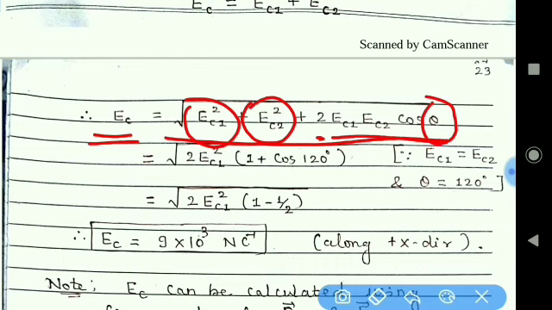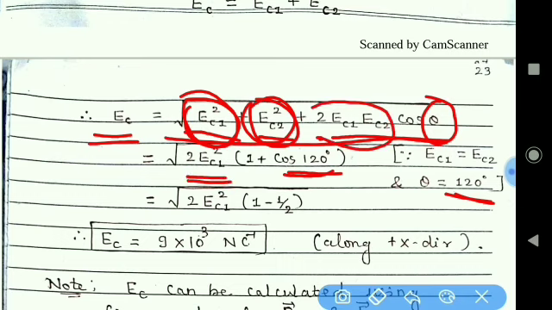Here this angle is 120, so cos 120, and this electric field and this electric field, their magnitudes will be the same. The magnitude of this as well as this is the same, and so here it is taken out common. You can see here also this term.